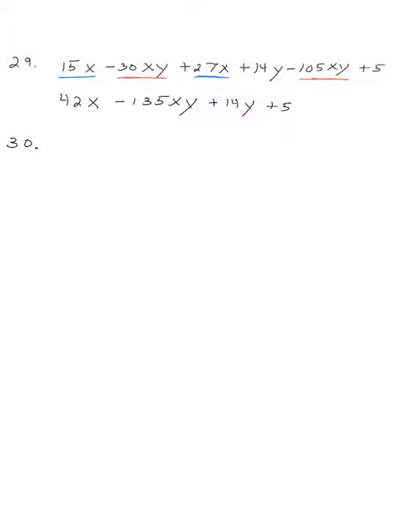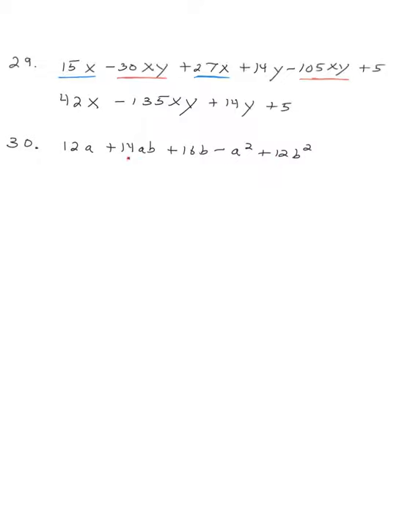All right, so for 30, we have 12a plus 14ab plus 16b minus a squared plus 12b squared. So you can use any letters that you like for your variables. Here we have a's and b's instead of x's and y's. If we try to identify like terms, if I start with the a, there's nothing else that has an a in it.